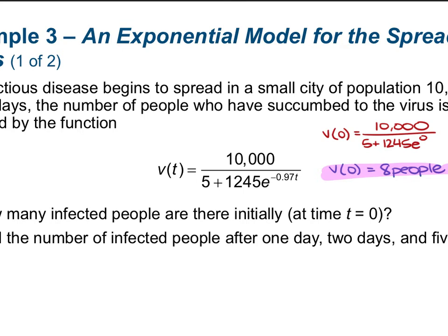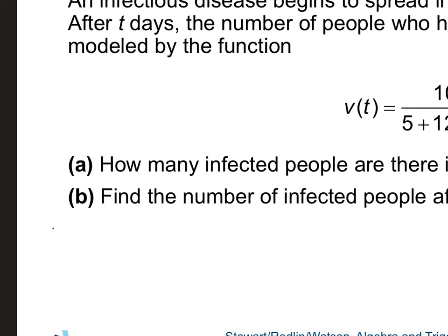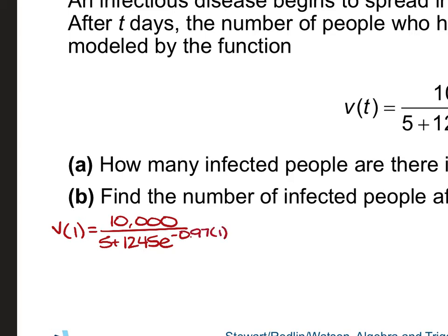For our next example, for B, it tells us to find the number of infected people after 1 day, 2 days, and 5 days. So we'll first do V of 1. So V of 1 is going to be 10,000 over 5 plus 1245 times e to the power of negative 0.97 times 1.